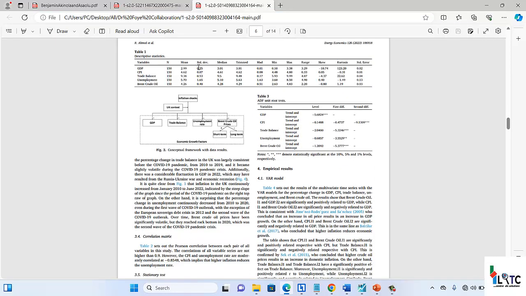Okay, we have it here. Descriptive statistics: mean, standard deviation, median. I believe they computed all these, but these are from the EViews results: mean, minimum, maximum, range, that's the difference between maximum and minimum, skewness, kurtosis, and standard deviation. So basically they presented five. So when you are writing your paper, those are the key statistics you need to report.